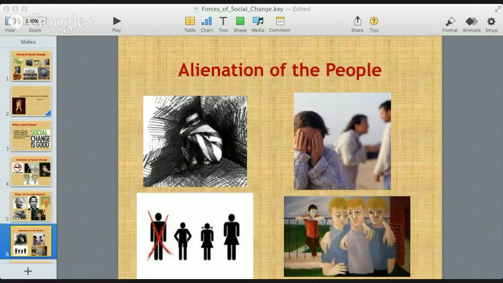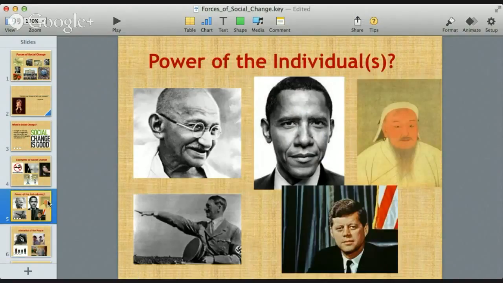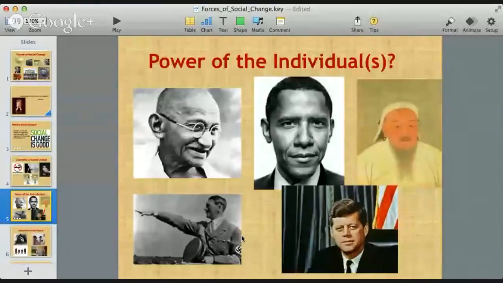Eisenstadt and Weber both go back to the power of individuals. Max Weber says there's one really big leader that's important. A guy like Barack Obama could maybe influence change, but more directly we'll take a look at Adolf Hitler. He's the one leader that changes society, whereas Samuel Eisenstadt believes in modernizing elites, groups of people who have power and control and influence society.